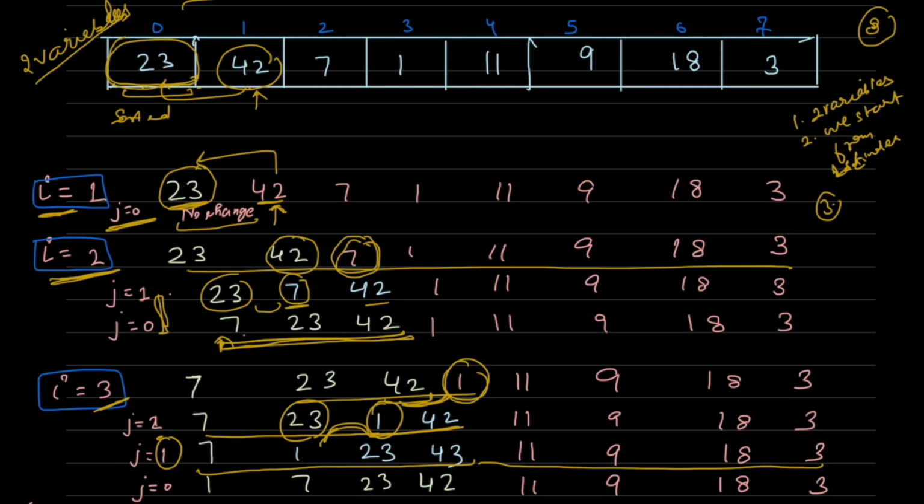We move to the next element before 1, which is 7. We'll compare 7 and 1. Again, 1 is smaller than 7, so we'll do the swapping, and this would be the final state of the array. Now we have reached the end of the array, because j equals 1, otherwise j would be equal to -1, so we come out of the loop.